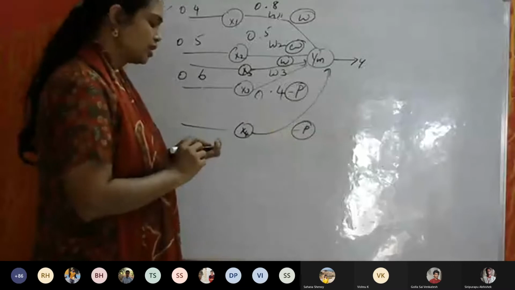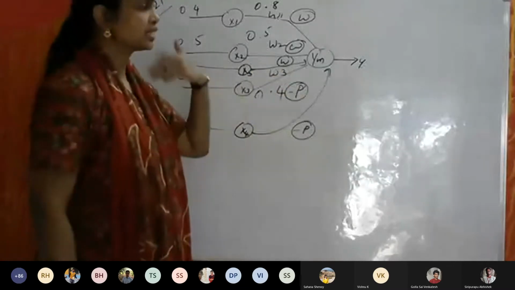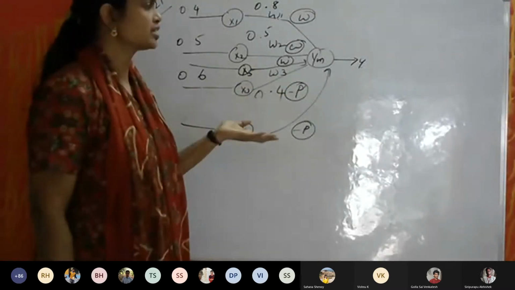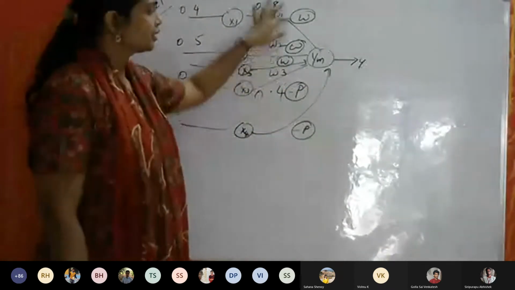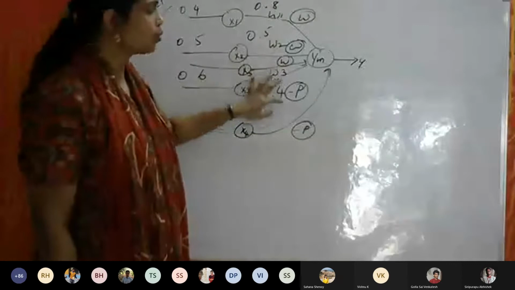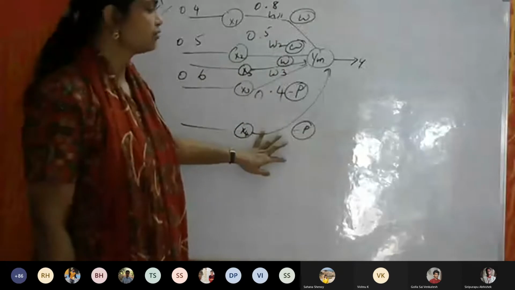This MP neuron will fire, meaning it will give a positive response, only if the excitatory weights are more than the inhibitory weights.